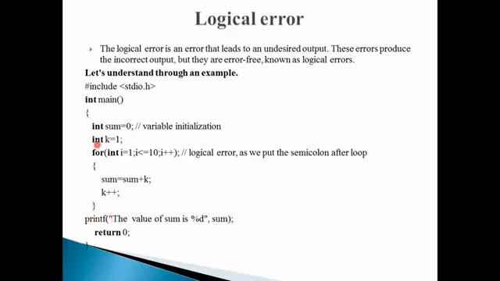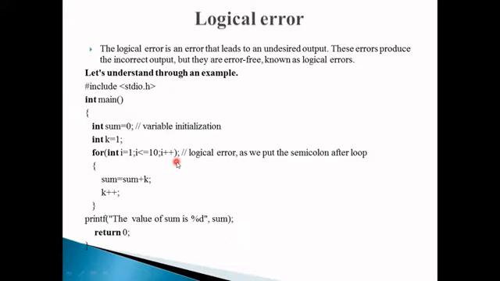So in this example, where does the logical error occur? Here we take a for loop, int i is equal to 1 semicolon, i is less than or equal to 10 semicolon, and i++. After the bracket we put a semicolon. Why do we use a semicolon?